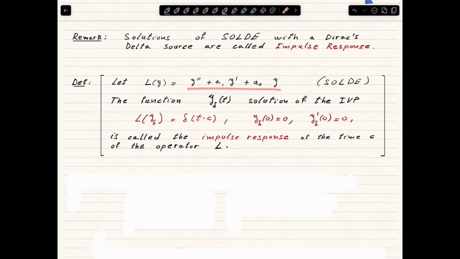Suppose we have that operator, then the function y delta, the solution of the initial value problem given by the operator on the function equal to Dirac delta shifted by c, with 0 initial conditions for the function and the derivative, that solution is unique and is called the impulse response at the time c of the operator L.